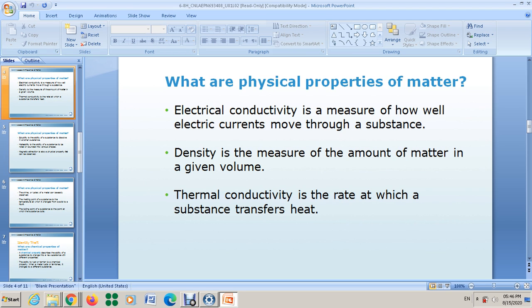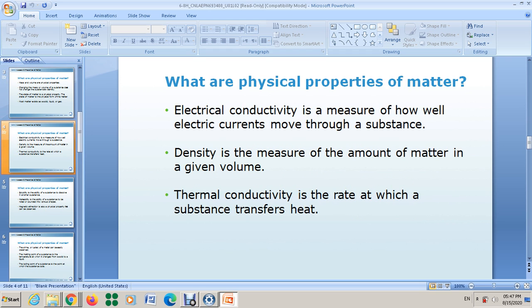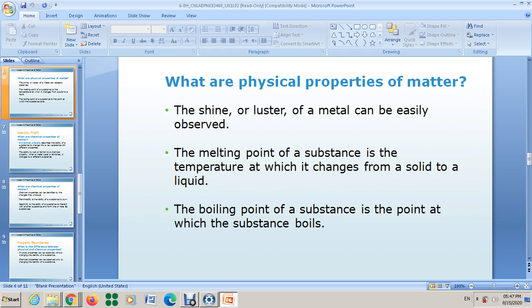Electrical conductivity, here also you can see the light when it turns on. So as you see, physical properties can be observed by the senses and they can be measured. Let's continue talking about other physical properties of matter.